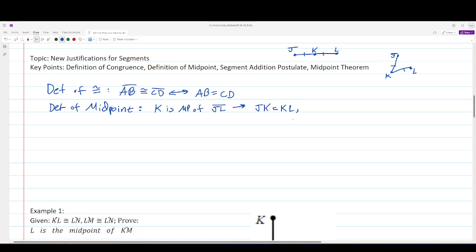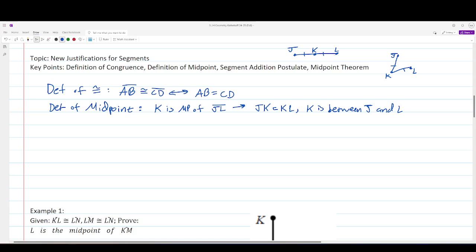So there's a second kind of hidden part to the conclusion, which is that K is between J and L. Usually we don't write that in a proof. We kind of observe it from a drawing.